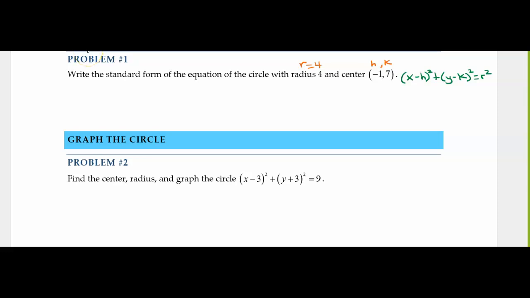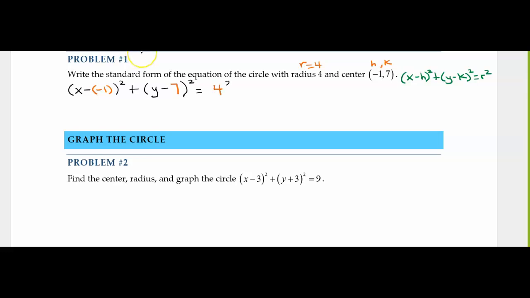I've got x minus h, which is -1, so I'm going to write it as x minus -1, all squared, plus y minus, our k is 7, all squared, and then equals 4 squared.